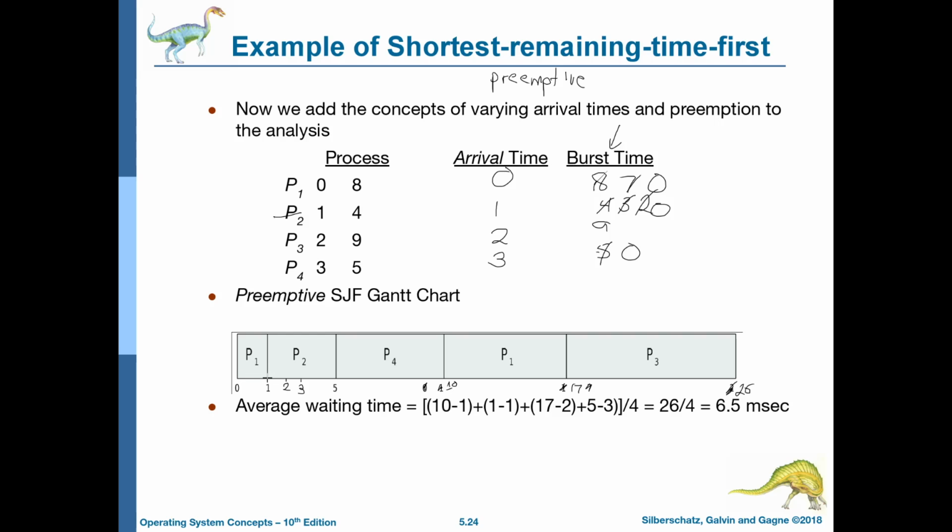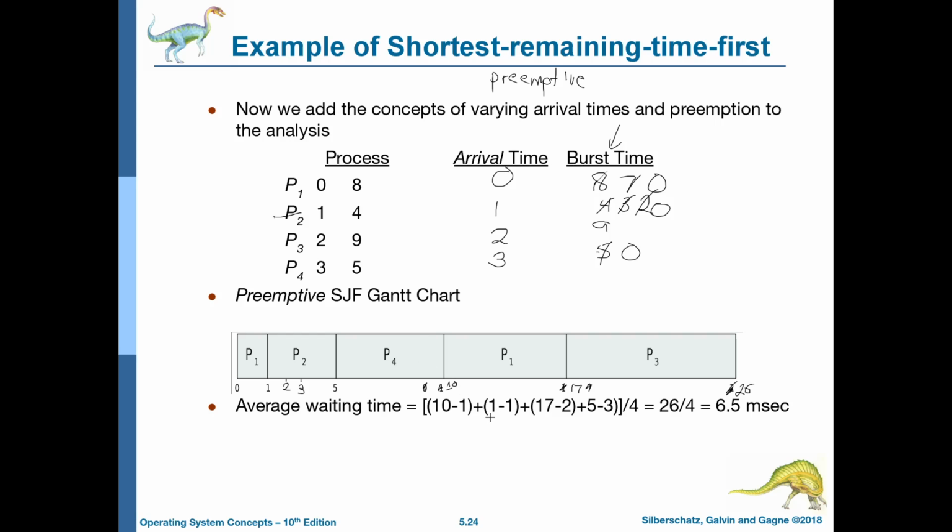So we have here, its wait time is 10 minus 1, or this gap of 9 milliseconds, where process 1 waited to perform its operation. Okay, so that's its wait time there.